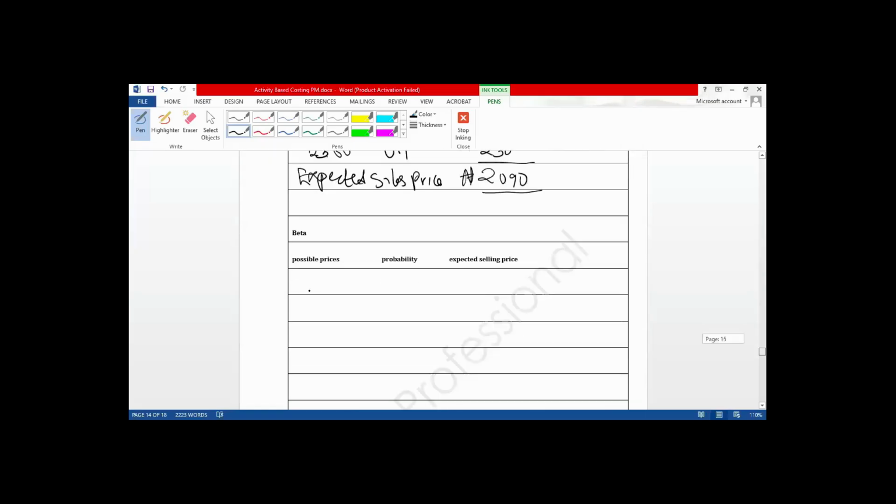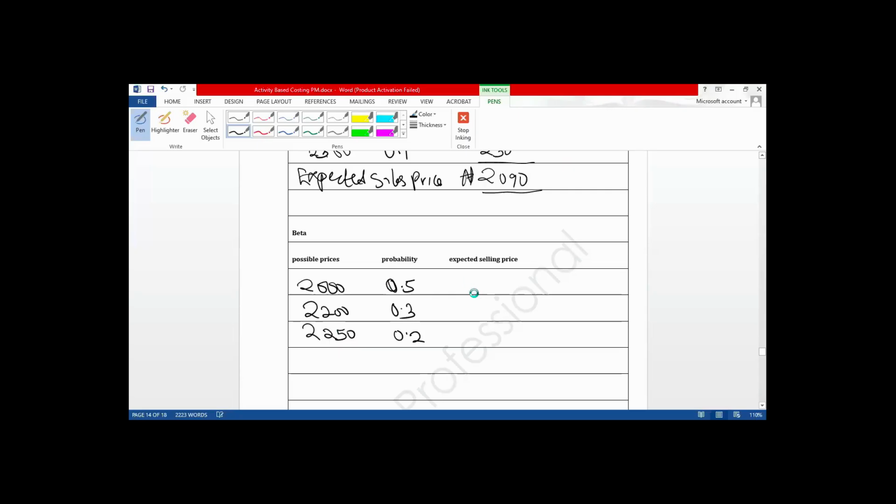For beta, 2,000 naira, probability 0.5, 2,200, probability 0.3, 2,250, probability 0.2. Please multiply.